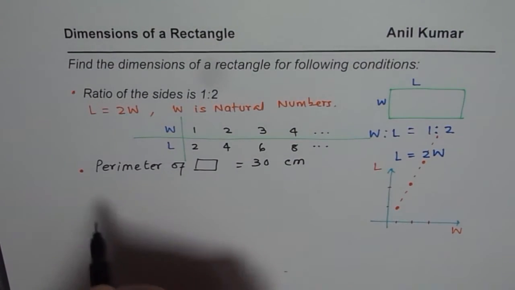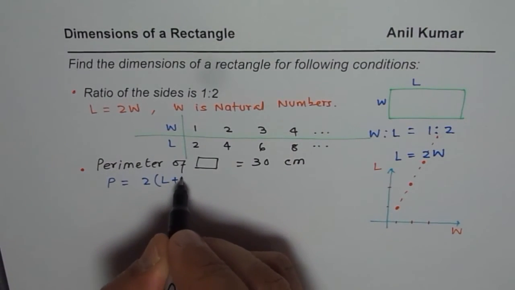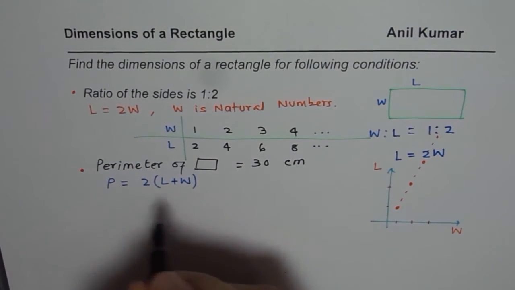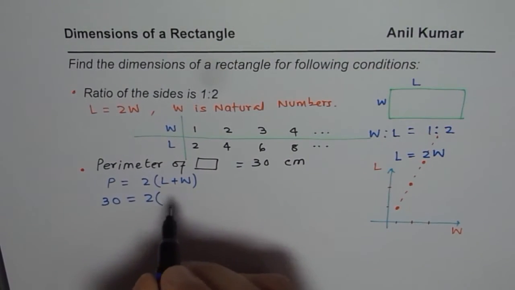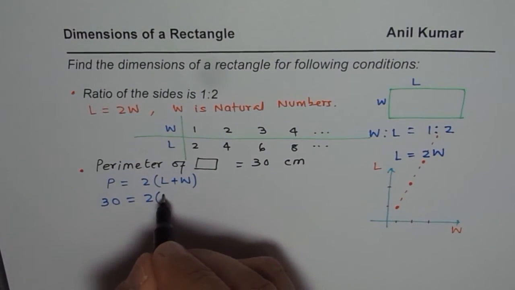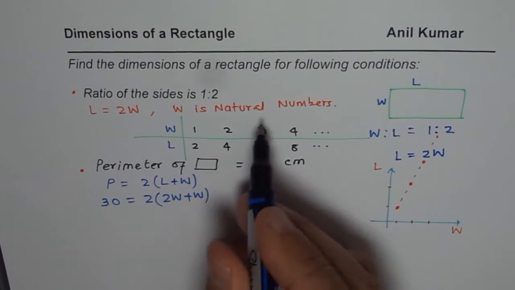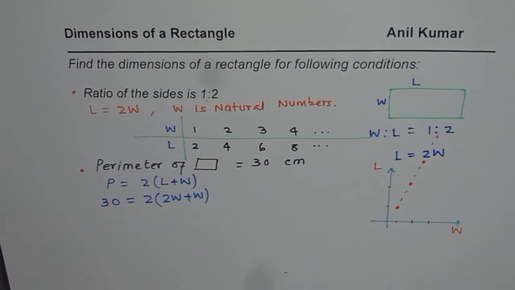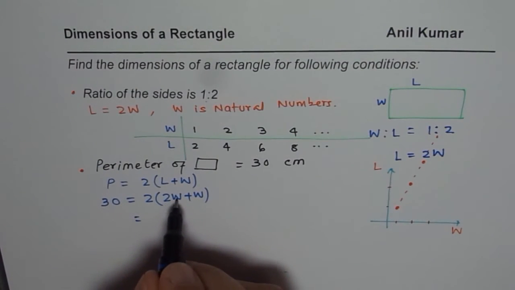We know perimeter is 2 times (length plus width). We know the perimeter is 30. That means 30 is equal to 2 times (length plus width). We can always write length as 2 times width, since length is twice width, which is the condition given to us. So 30 equals 2 times (2 times width plus width).